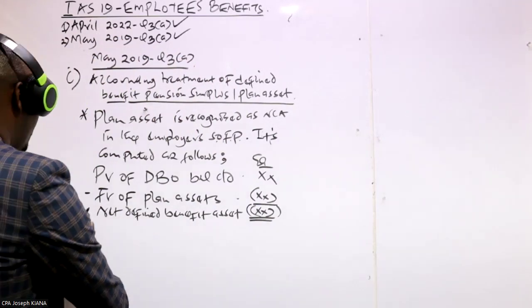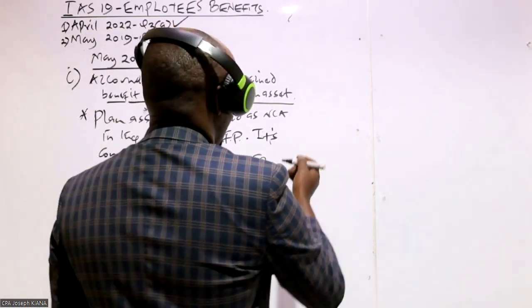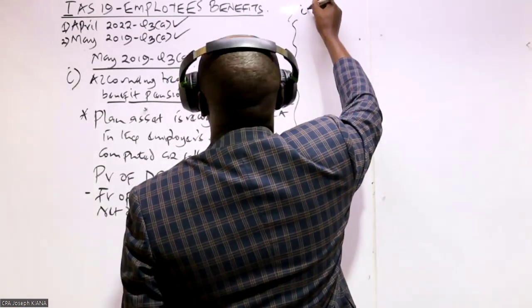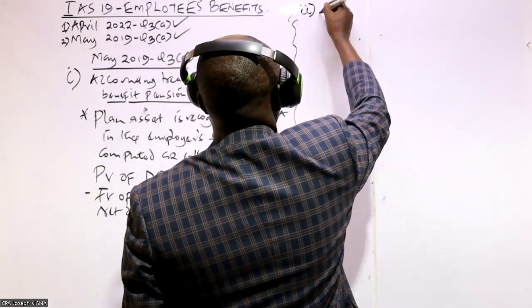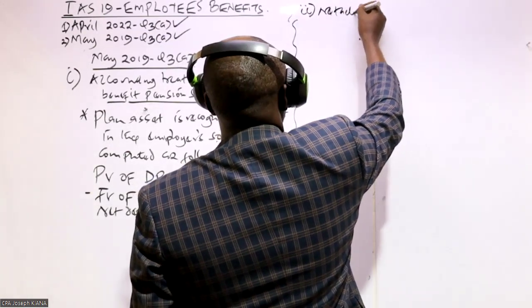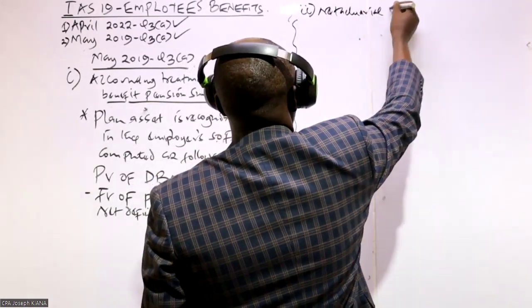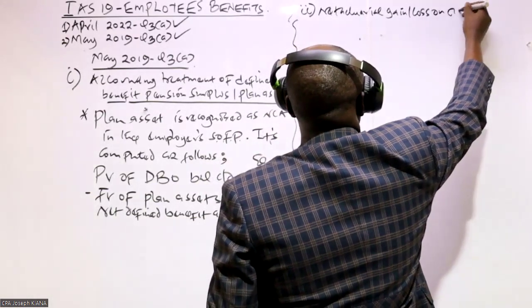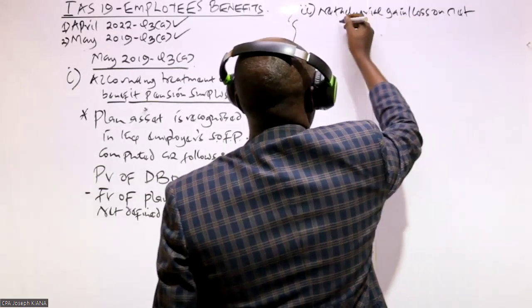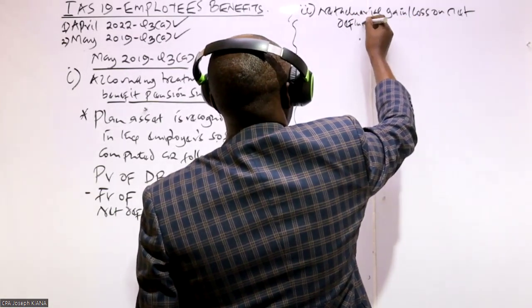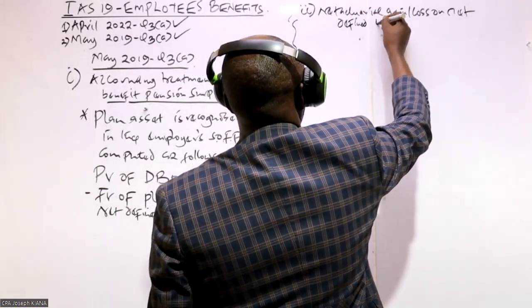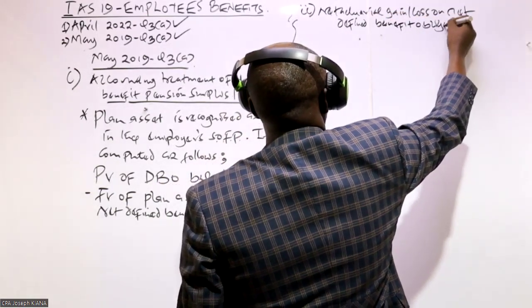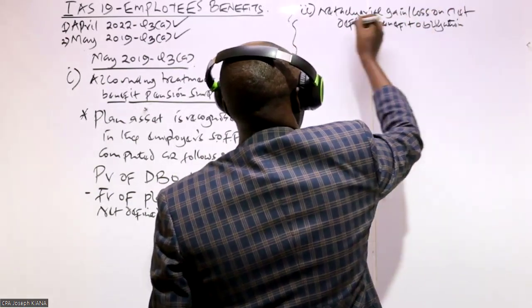So let's start by computing the first item here. The first item will be the net actuarial gain or loss on net defined benefit obligation.